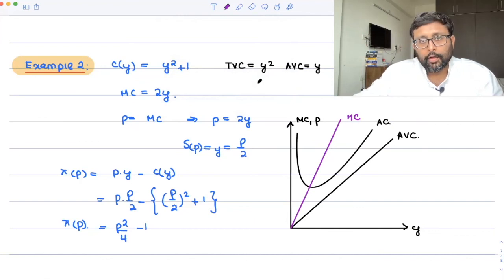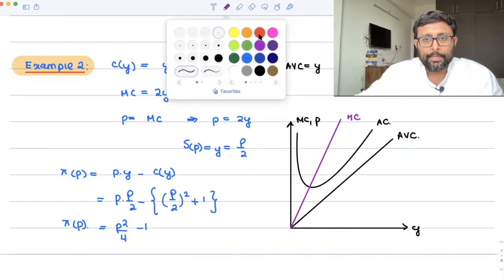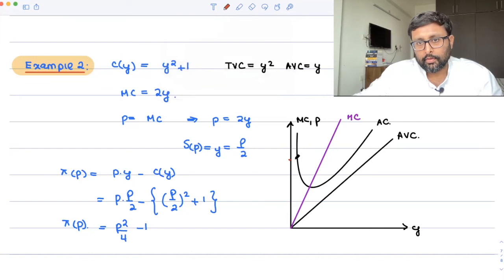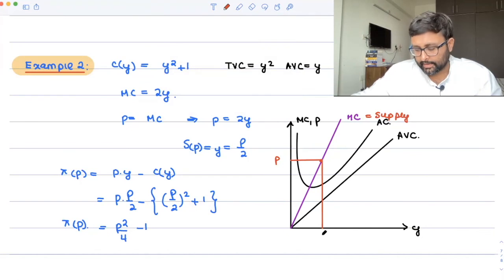And when the price is P, I'm going to supply according to my supply function. So when the price is P, according to my supply function it is just P is equal to MC. That is what my supply is. And this is coming out to be y is equal to P by 2. Fair enough. Okay.